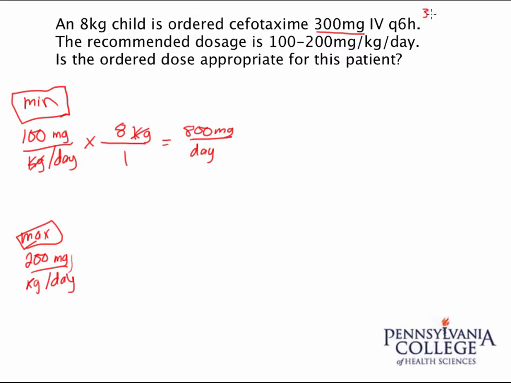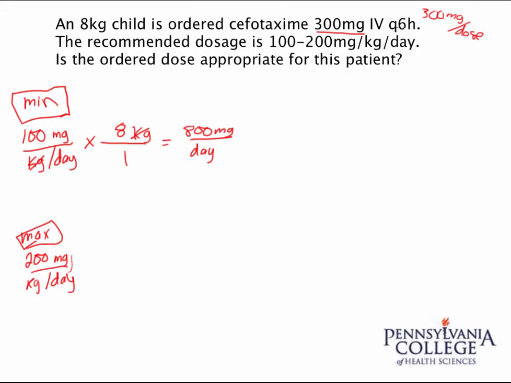This is 300 milligrams that the patient is receiving per dose. This 800 milligrams is 800 milligrams per day. So if this is spread out throughout the entire day, we need to cancel out day. We need to break this into a certain amount of doses.